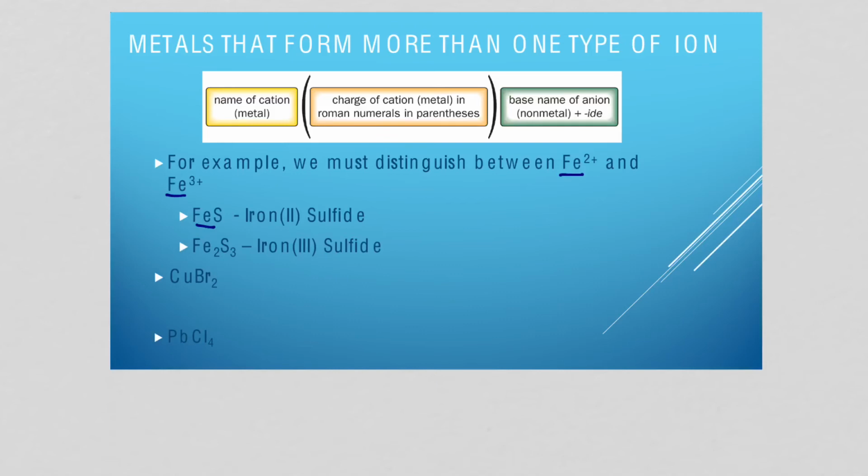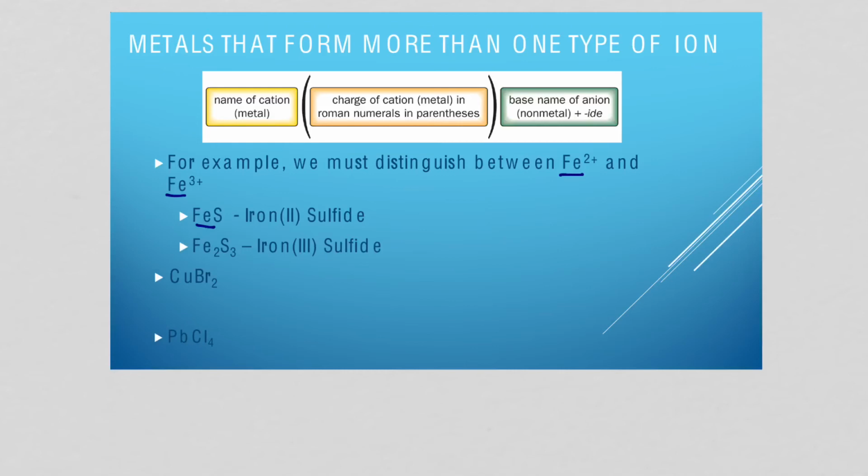So again, let's look at a couple examples. So copper, so CuBr2. So we have copper and we have bromine. Now, while we know copper is one of these that can take on multiple charges, we don't have to memorize those charges. We might become familiar with them as we practice them, but we should be able to look at the negative ion and tell us what the positive ion is here.